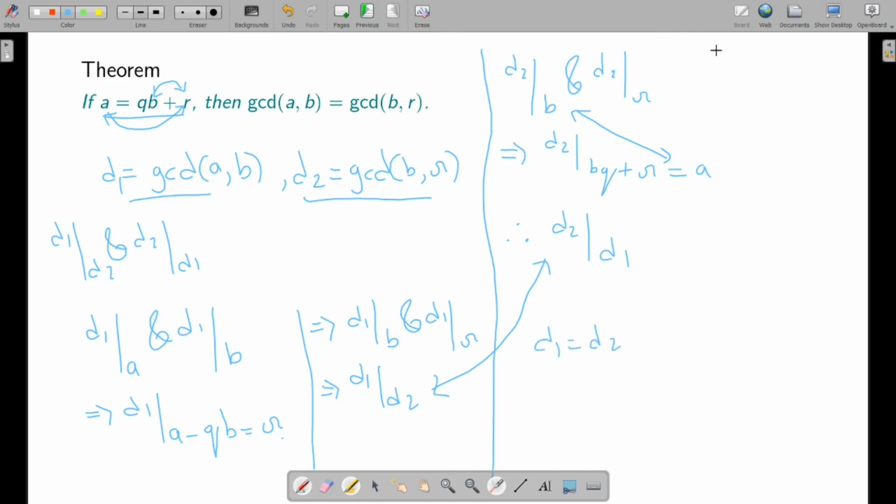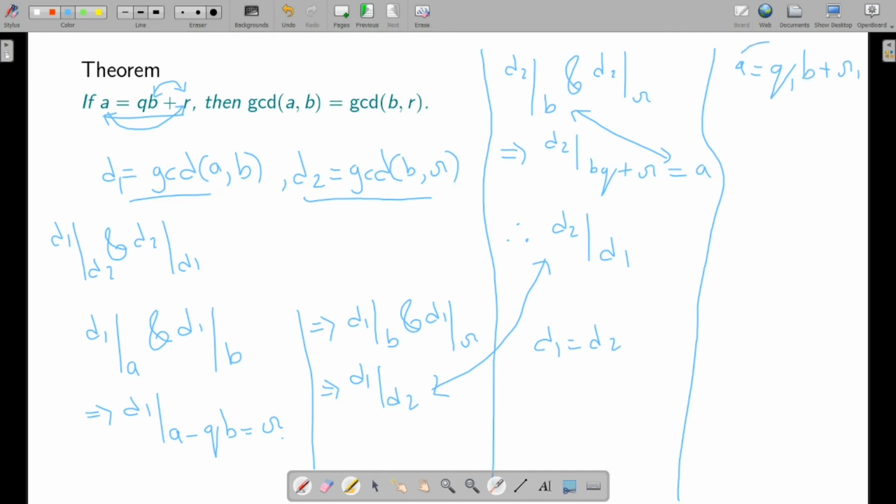Let me just tell you how this can be used to get the GCD of two numbers. It's a very simple idea. If you want to find the GCD of A and B, you write A as BQ1 plus R1. We can always do this using the division algorithm.